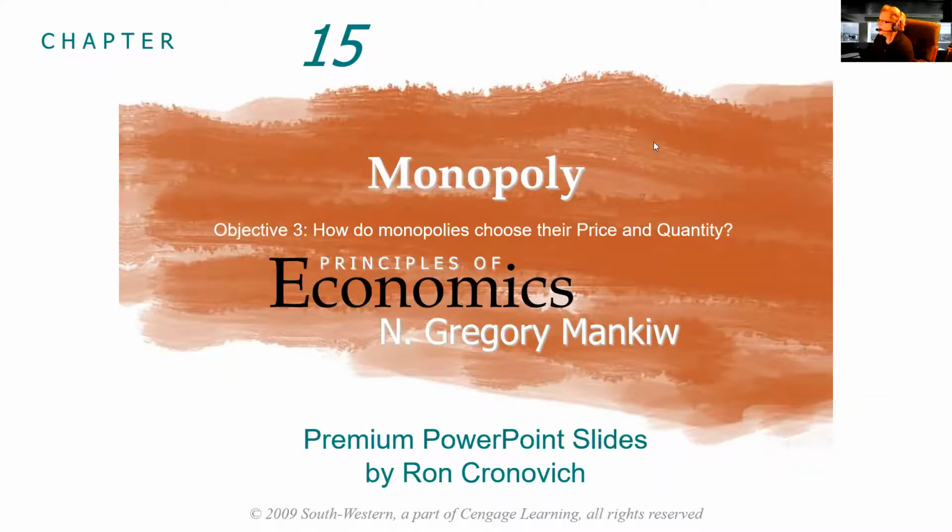Okay, so again, we're taking a look at how monopolists choose their price and their quantity. Remember our point of profit maximization. Profit is maximized where marginal revenue equals marginal cost.